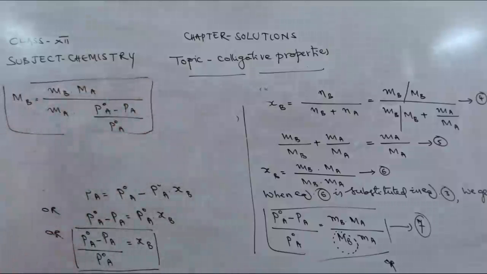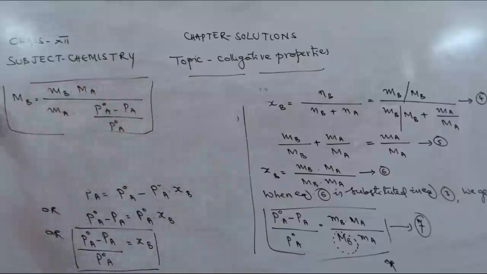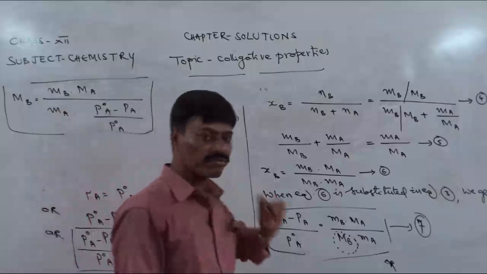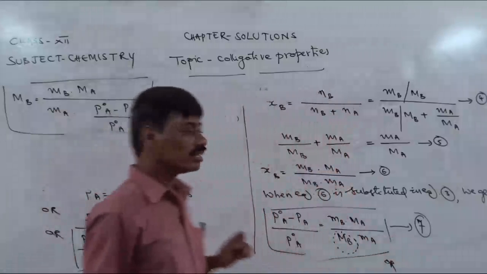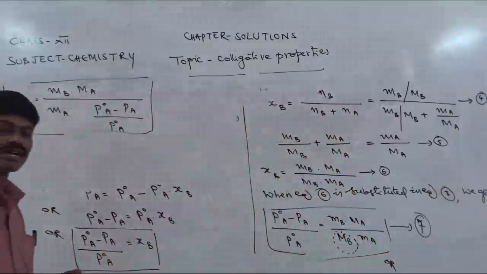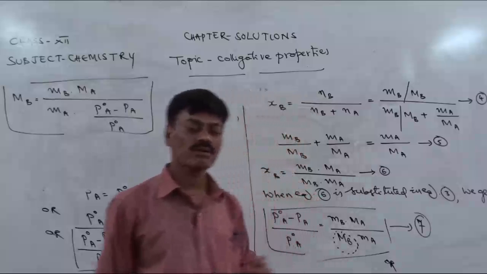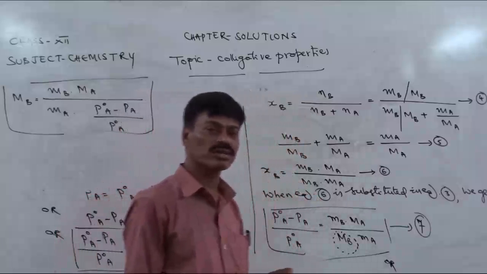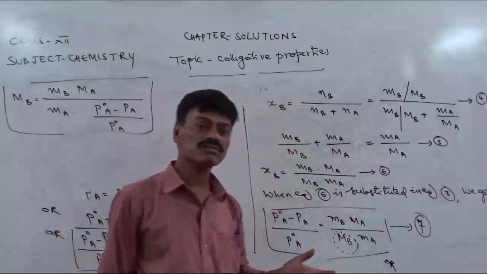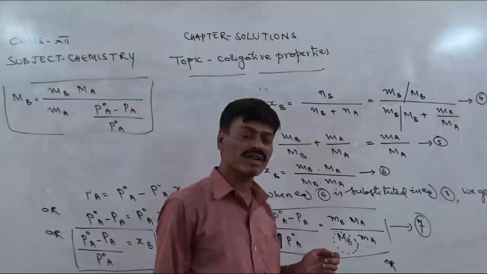Right. So here we have many variables. So when these variables are known to us, we can calculate the molecular weight. When a particular compound is given, its molar mass is known to us based upon its molecular composition, like urea, we can calculate its molar mass because its formula is known, that is NH2 twice CO. If it is glucose, the non-volatile solute C6H12O6, its molar mass is 180 grams.